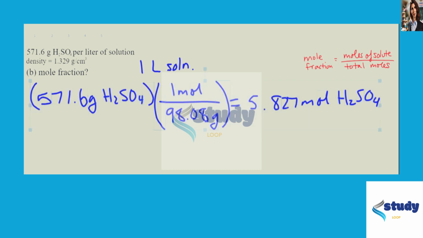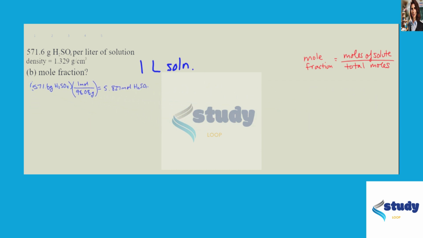We're going to set that aside. So we have 5.827 moles of H2SO4. That's the moles of solute up there.